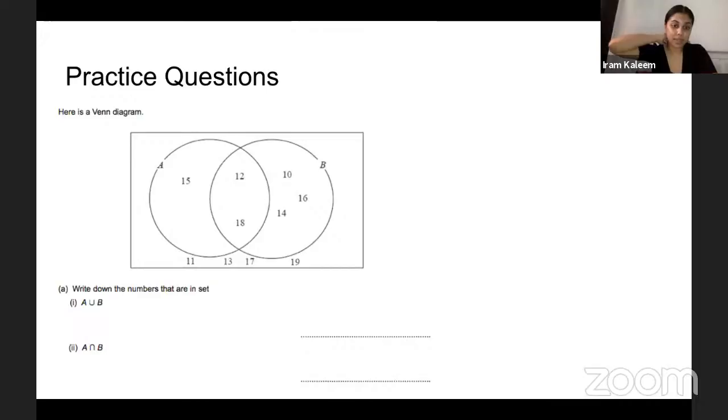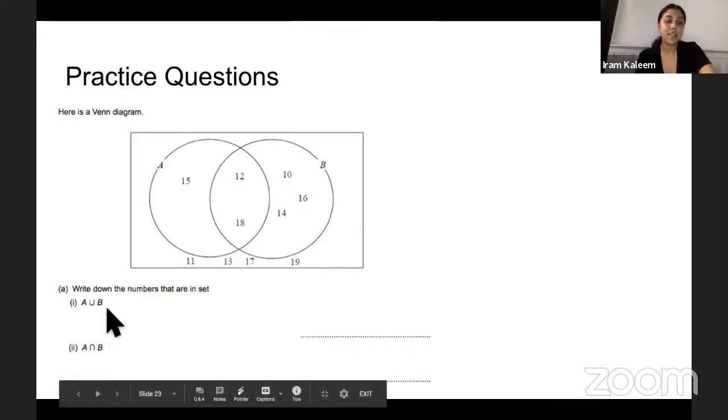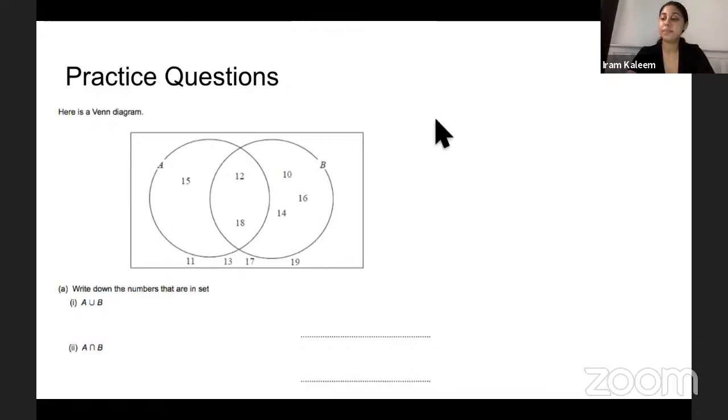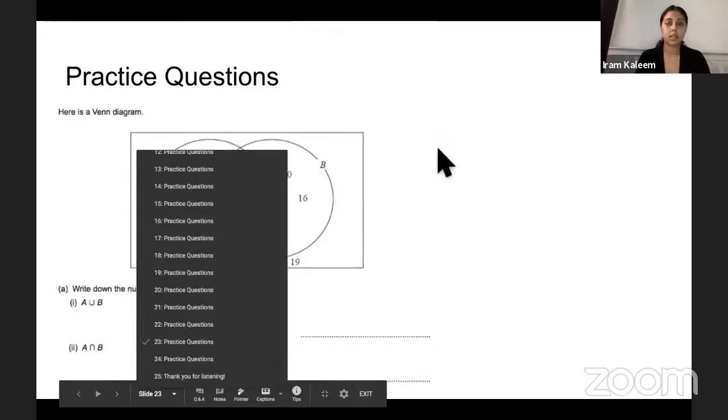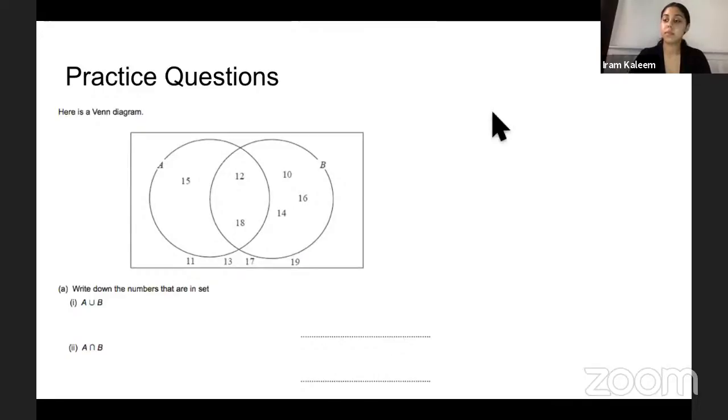So write down the numbers that are in the set A union B and A intersection B. So I will give you a minute to do that.